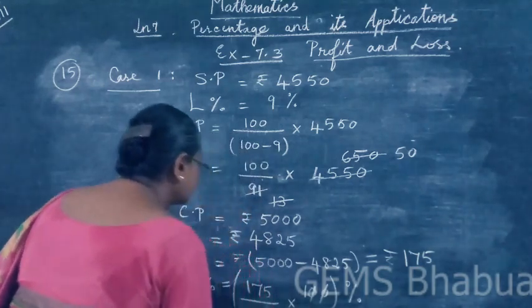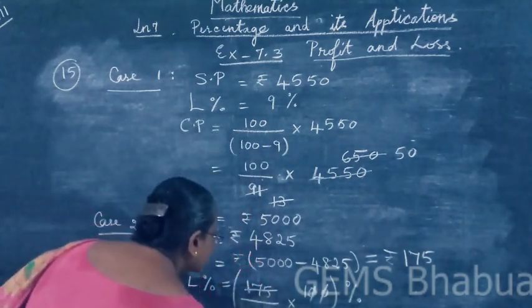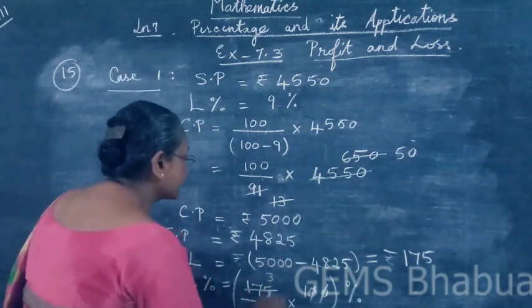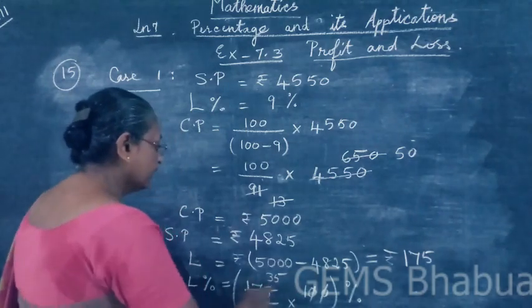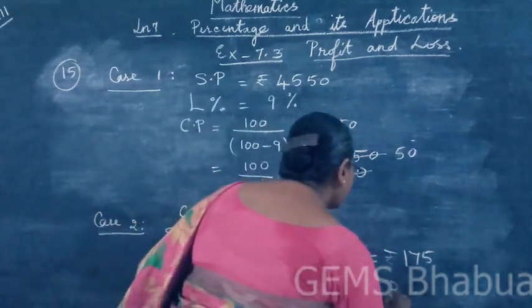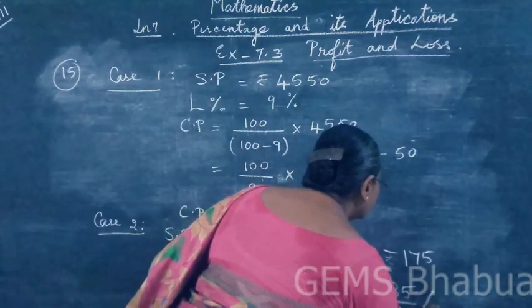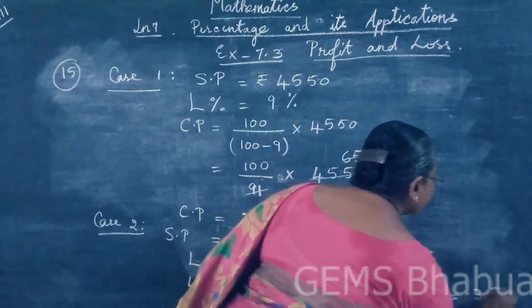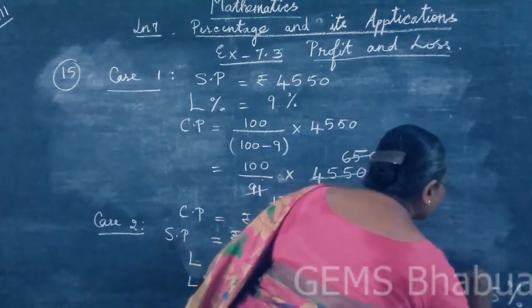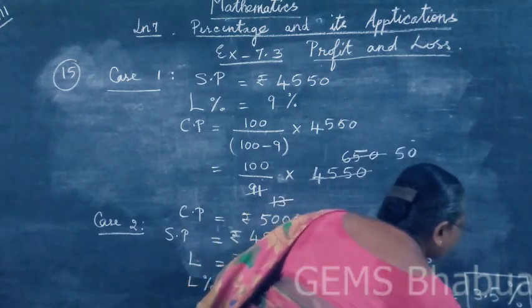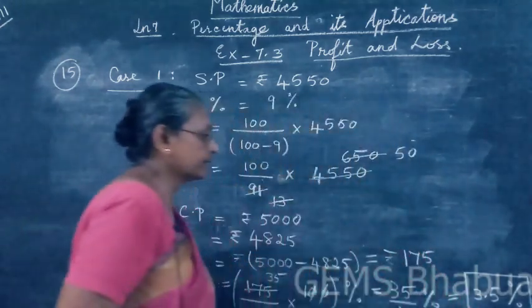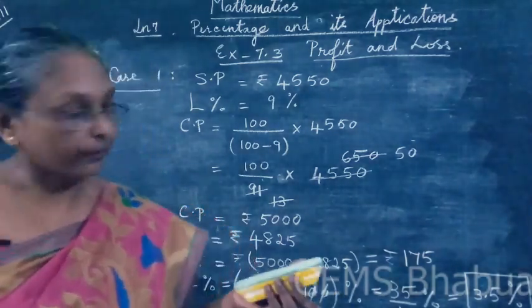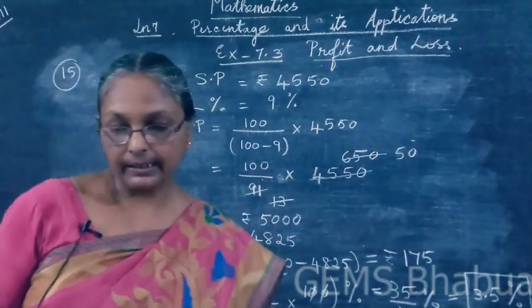Taking away 2 zeros, then using 5, let me cut, it will be 10 times, and here 5 3s are 15, 25 again 5. Then we can write this as 35 by 10%, and converting it into decimal it will be 3.5%. So this is what they are asking us to find. So that is the final answer. It is 3.5% in the second transaction.